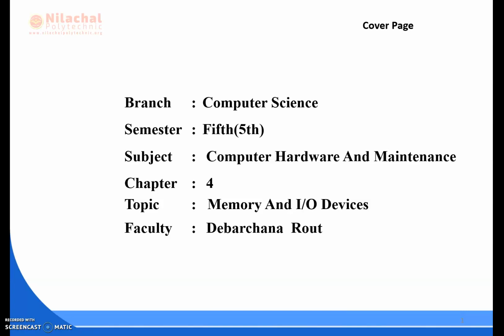So there are different kinds of data stored in memory. We will be discussing this memory and the devices we use to store data and work with the system, that are the input and output devices.